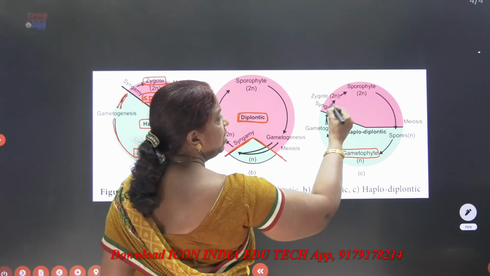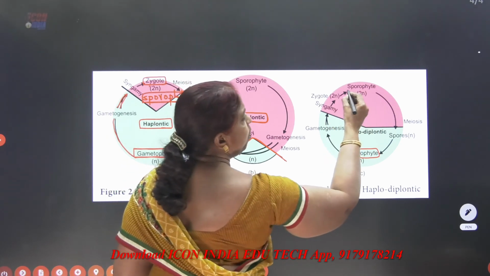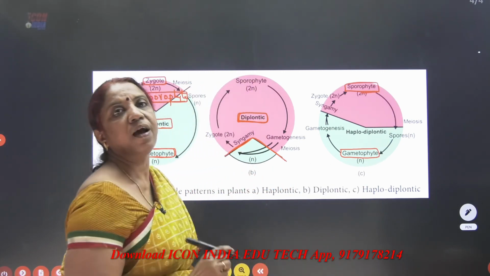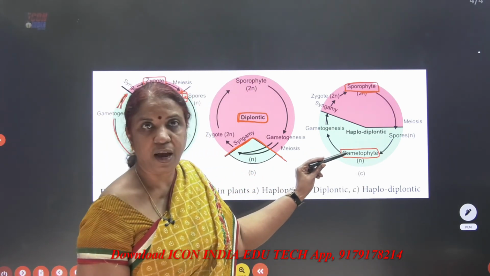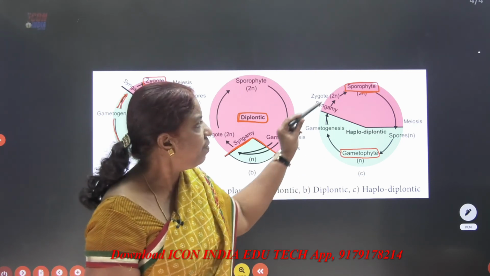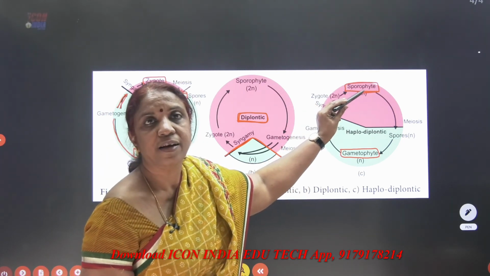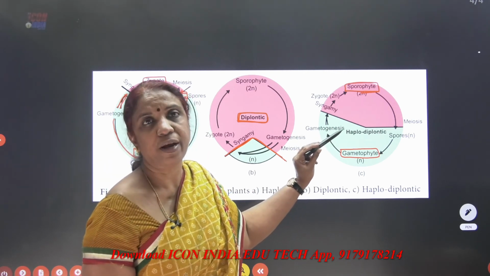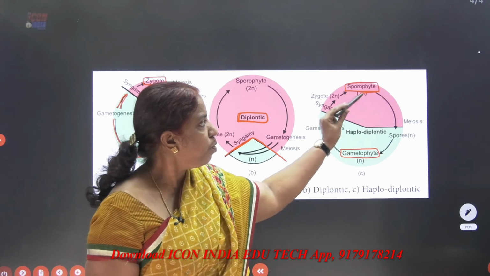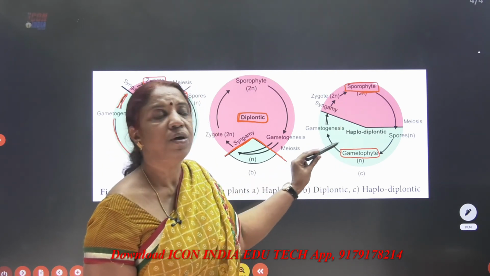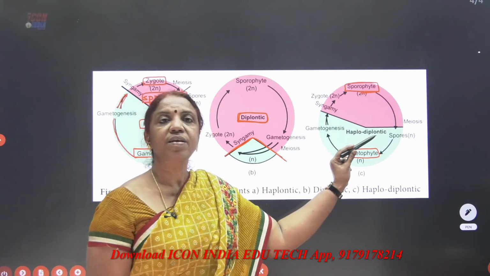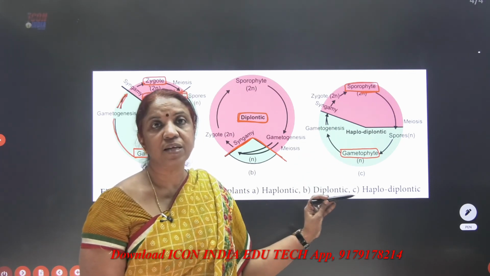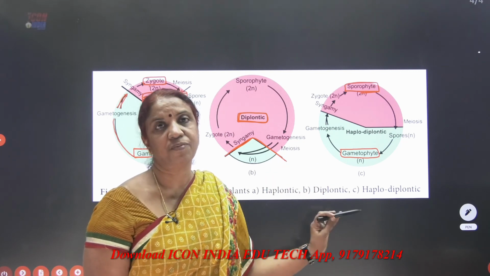The gametophyte alternates with the pink-colored sporophyte, which is diploid. The life cycle is haplo because the gametophyte is haploid, and diplontic because the sporophyte is diploid. The gametophyte alternates with the diploid sporophyte, hence the life cycle is called the haplodiplontic life cycle.